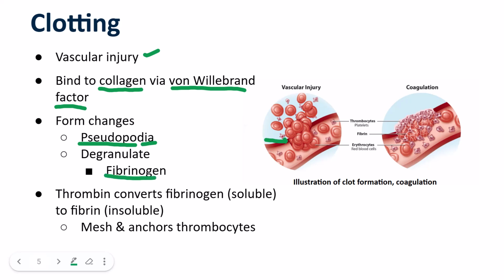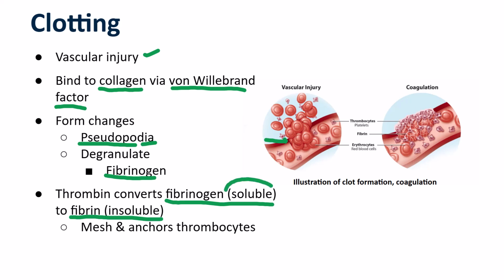And what it does is it's worked on by thrombin to convert fibrinogen, which is soluble within the blood, to an insoluble protein called fibrin. Thrombin converts fibrinogen, which has been degranulated from platelets, into fibrin.